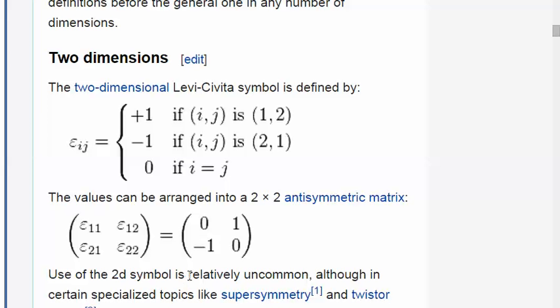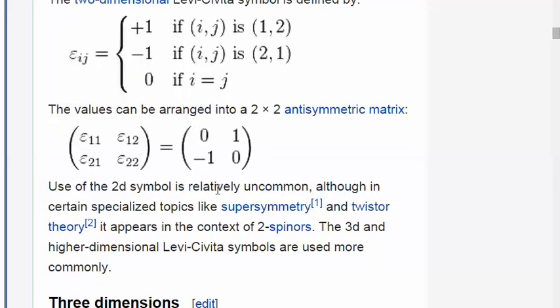If you want to do a two-dimensional cross product with this outer product, you can use the two-dimensional Levi-Civita symbol, the antisymmetric matrix 0, 1, -1, 0. The use of the 2D symbol is relatively uncommon, although in certain specialized topics like supersymmetry and twistor theory, it appears in the context of two spinors.